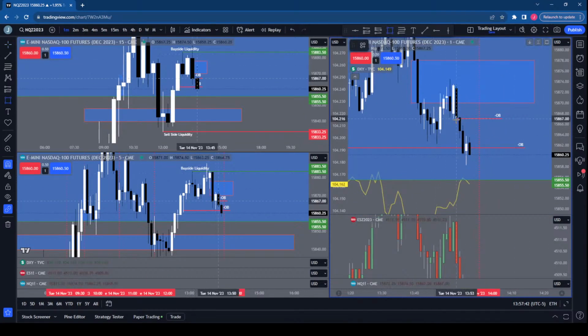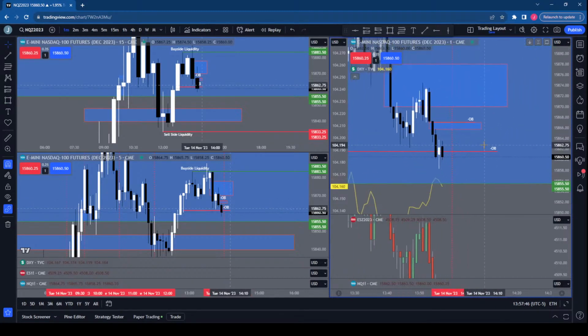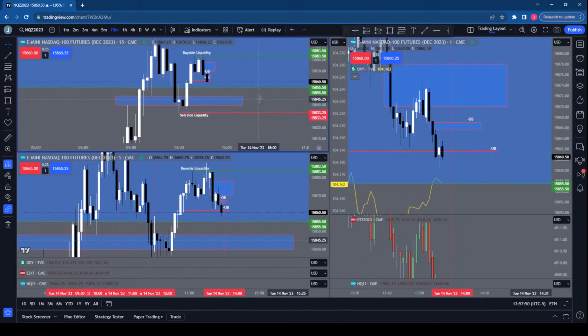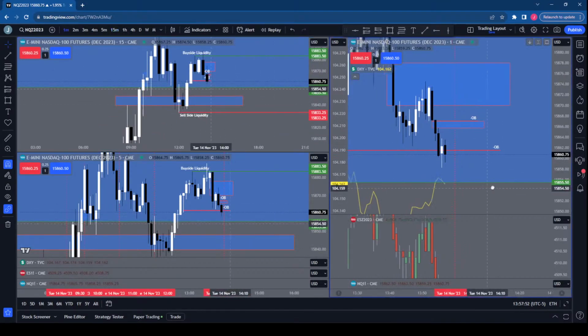We have this fair value gap to pay attention to. This is all happening, remember, in this higher context. We're making these two highs.